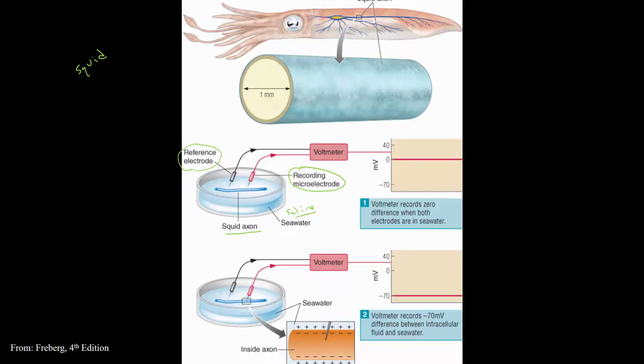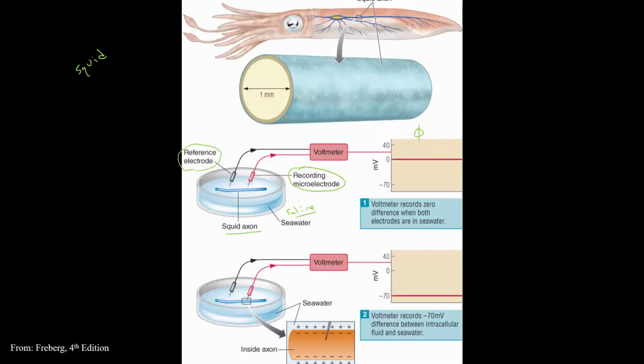It should be the same relative concentration of cations and anions throughout. So there should be no difference between charges between these two electrodes. And so our voltmeter should read 0. There should be no separation of charge.